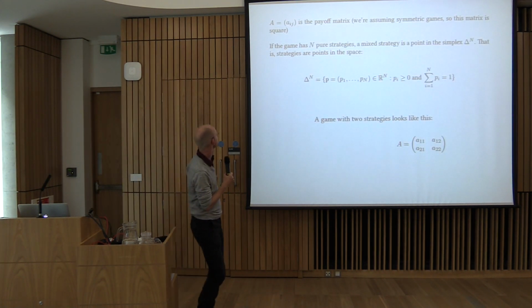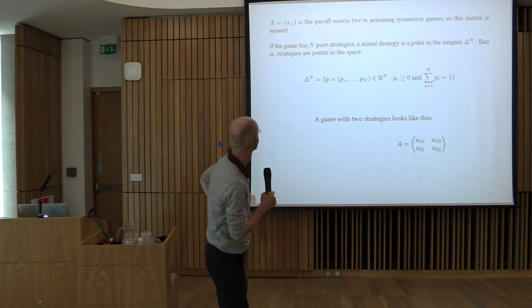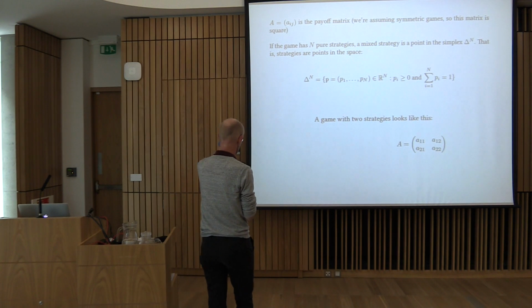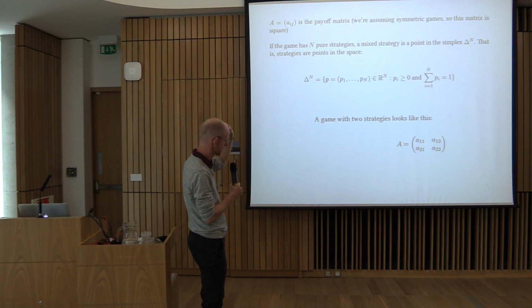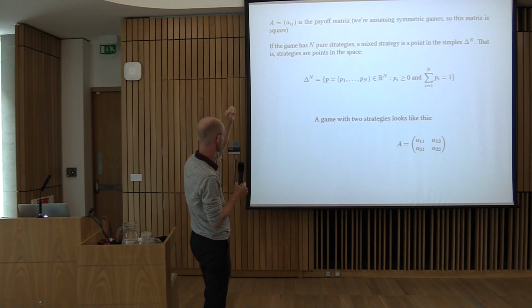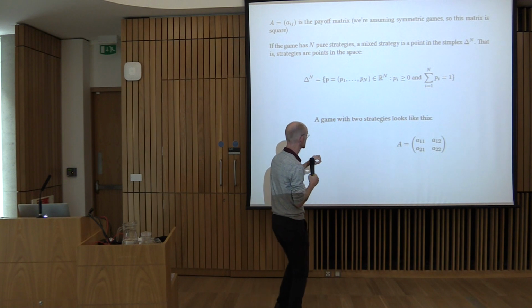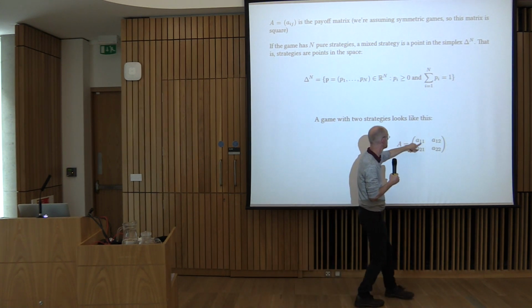We have this A, which is, for each choice, where i is the action of the row player and j the action of the column player, the payoff matrix. If the game has n strategies, a mixed strategy is a point in the simplex, it doesn't matter. These are the payoffs of the game.